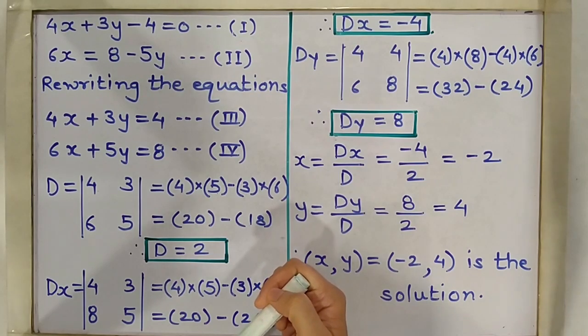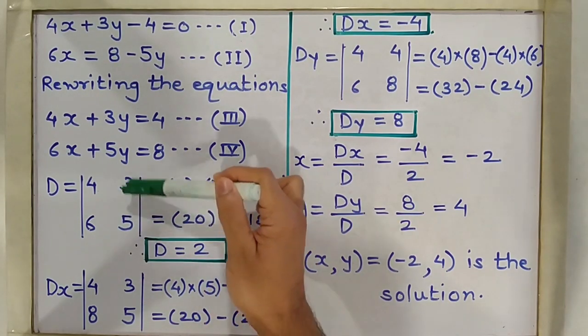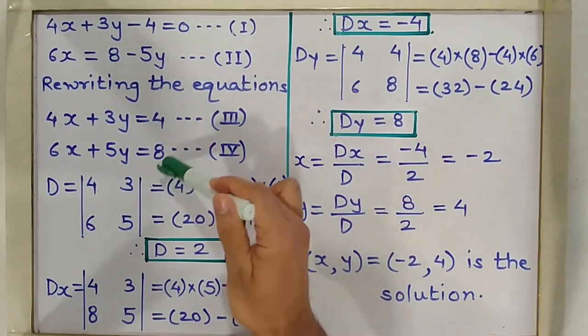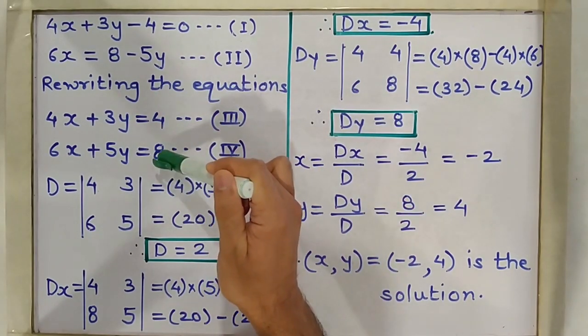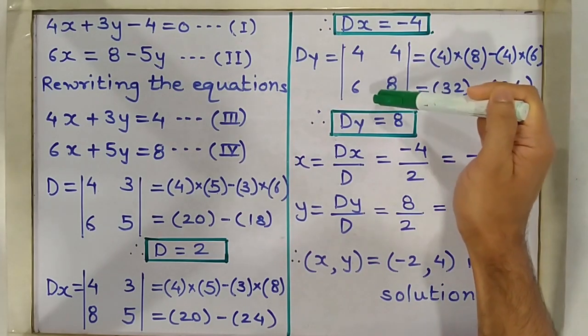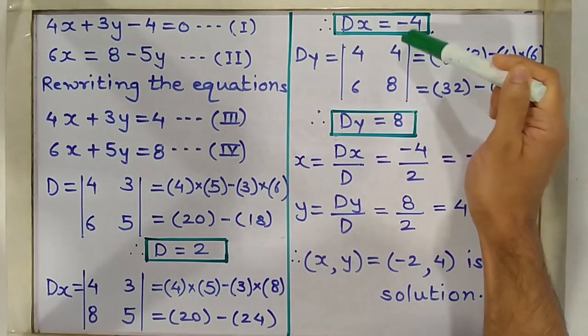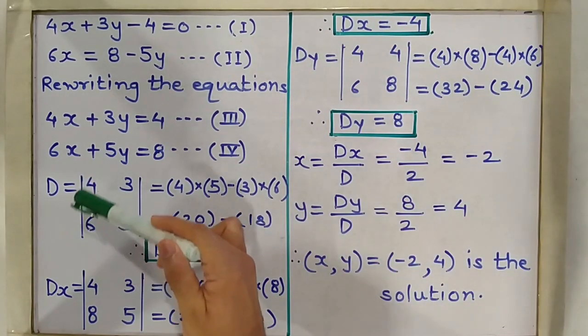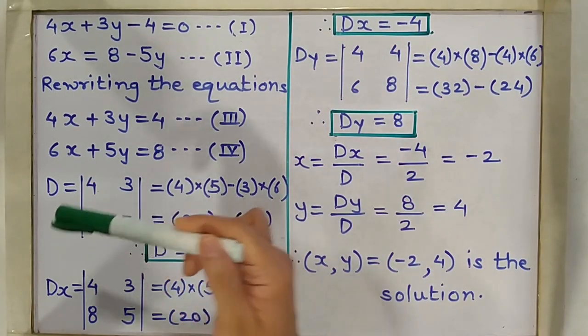That means these 3 and 5 will go out and in their place constant terms are going to come. You see here constant terms 4 and 8 have come. And 4 and 6 are not going to change, they will remain as it is.